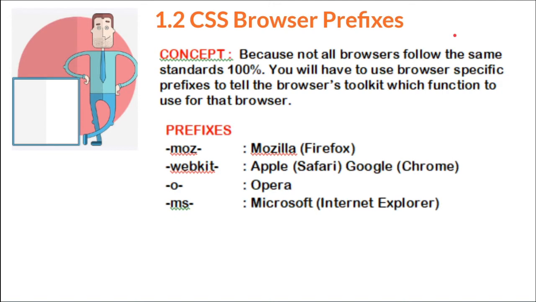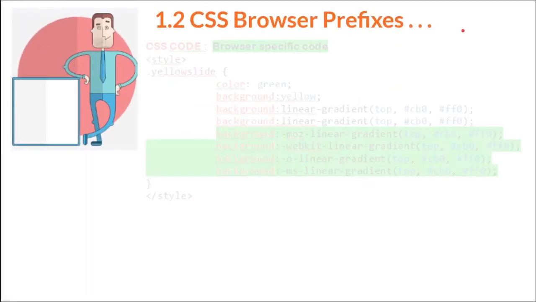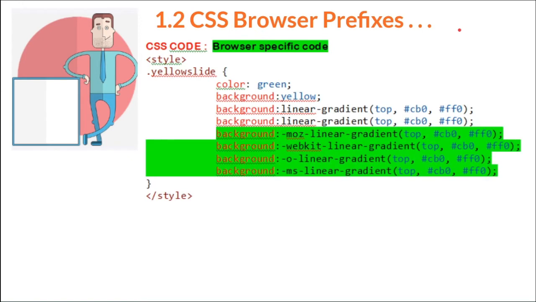So for example, we've got -moz- for the Mozilla Firefox browser, WebKit for the Apple browser, O for the Opera browser, and MS for the Microsoft Internet Explorer browser. Now in the CSS code, the browser specific code is shown as follows.